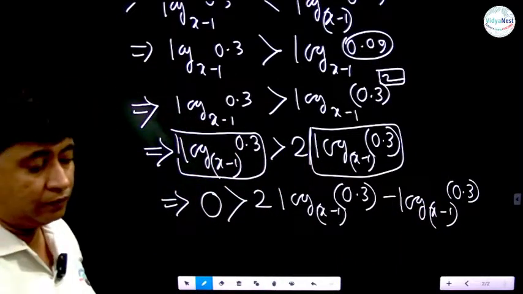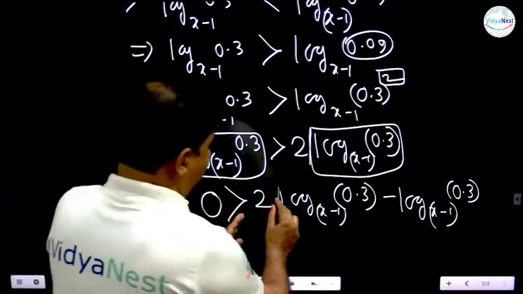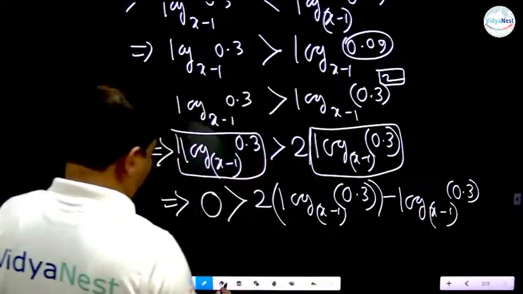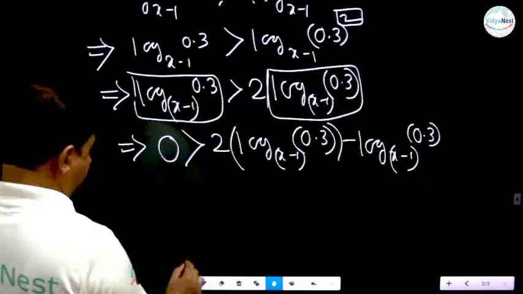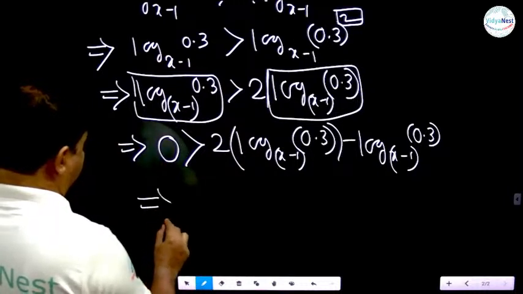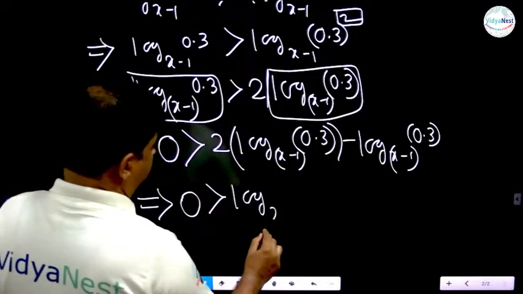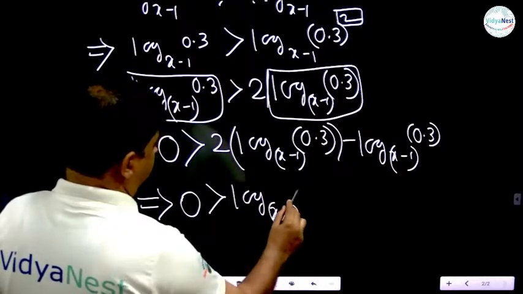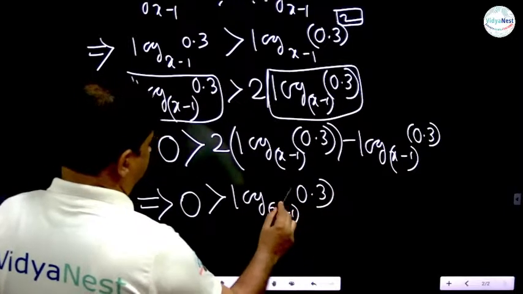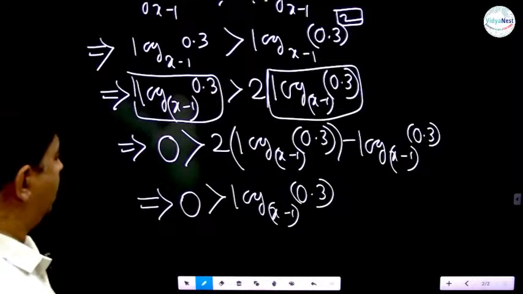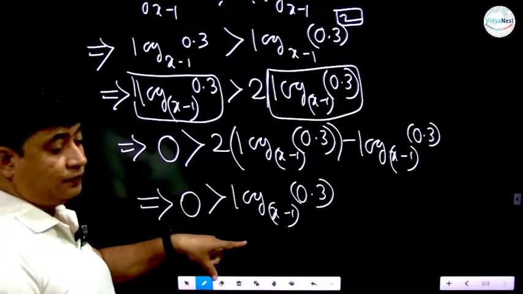So twice of this minus log of this. So we could reach up to this stage.